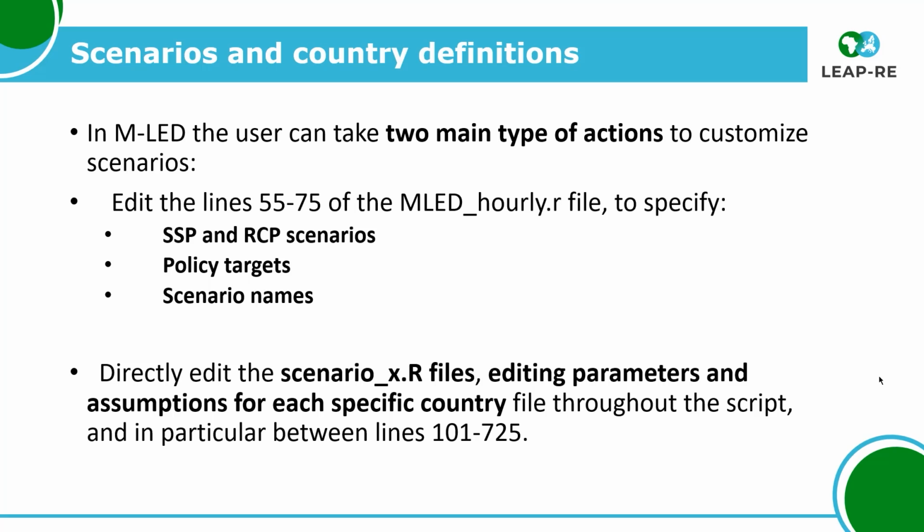And particularly between lines 101 and 725, which are all lines that define parameters, technical, economic parameters, and then call to the input data to read the input data in terms of the different energy, land, water, socioeconomics, and so forth. So directly accessing this file, the file is commented.